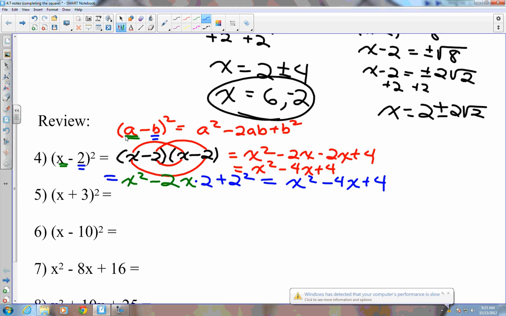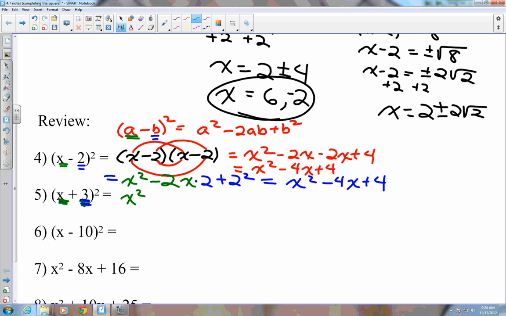I have x plus 3 squared. Then x is the a. I'm going to use the same colors here. x is the a, 3 is the b. So I'm going to have x squared. Now, there's one little difference here.